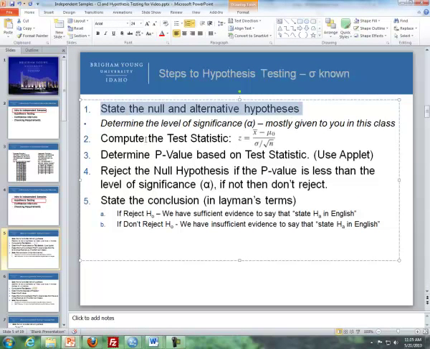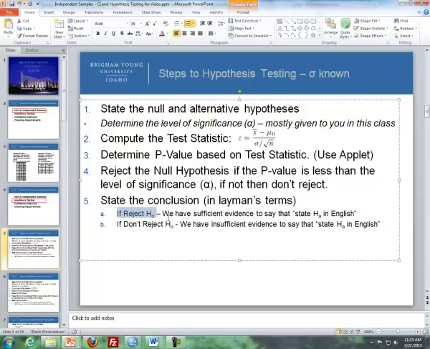Then we computed a test statistic, which was basically a z-score. Then from that z-score we went to the applet. Since the applet represents a z distribution, we went to the applet to get our p-value. And then we reject the null hypothesis if the p-value is less than the level of significance. If not, then we don't reject. And then we state our conclusions based on whether or not we rejected the null hypothesis.